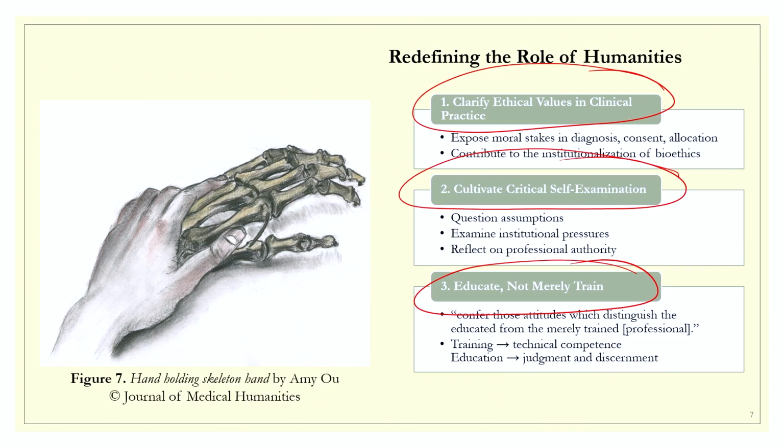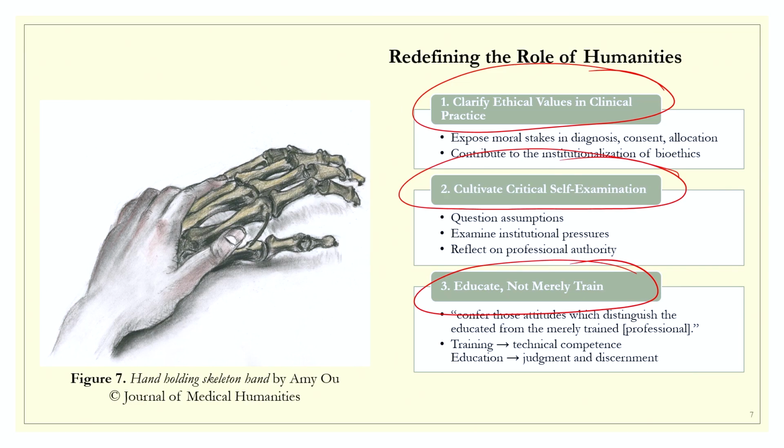Now, in the first place, when he was talking about clarifying ethical values in clinical practice, he meant that clinical decisions always involve judgment. Judgment about risk, consent, responsibility, and justice. So, Pellegrino helped institutionalize this concern through the development of bioethics in the 1980s, a term that we will discuss in lecture 3 when we are discussing the keywords.